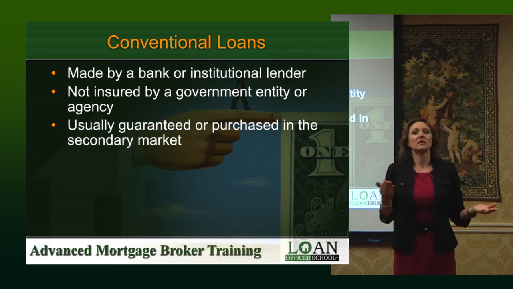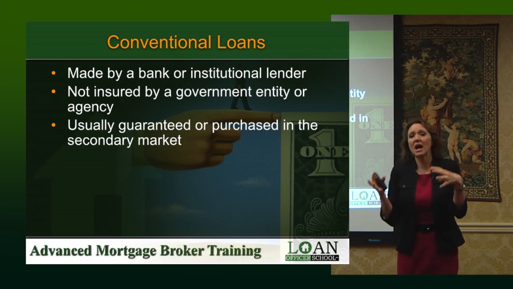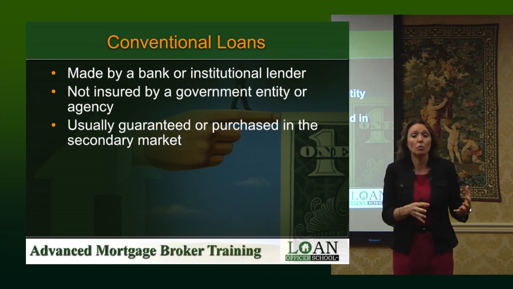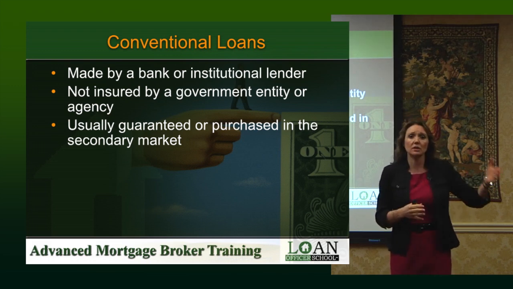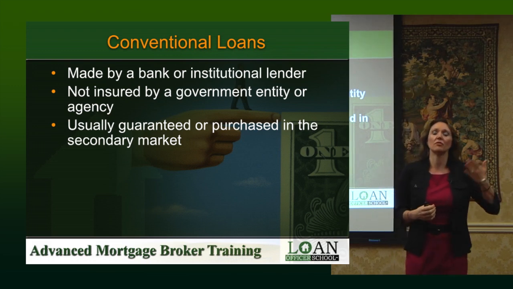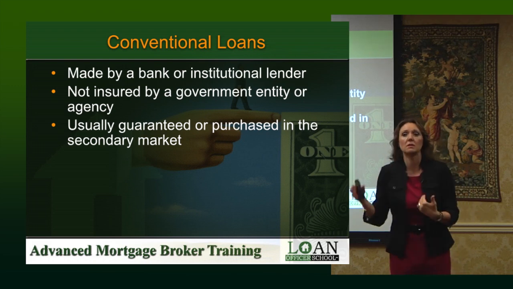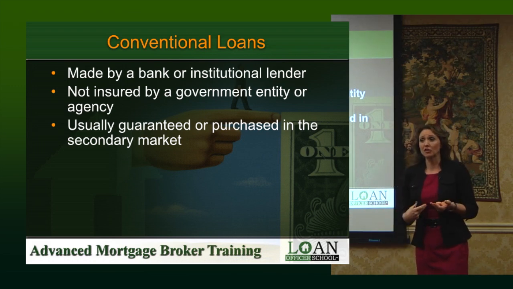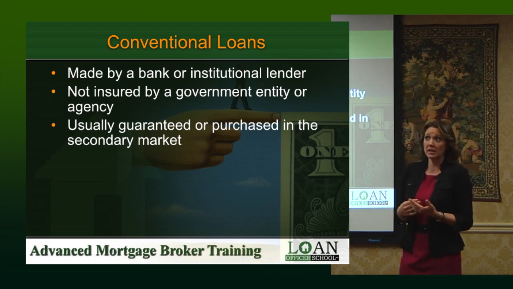Secondary market is basically Fannie Mae and Freddie Mac. They buy the closed loan from banks and other mortgage institutions so that those banks and other mortgage institutions can continue to use their money to fund more loans so that it keeps the marketplace moving. But you don't have to sell off your loan to any investor or any organization.